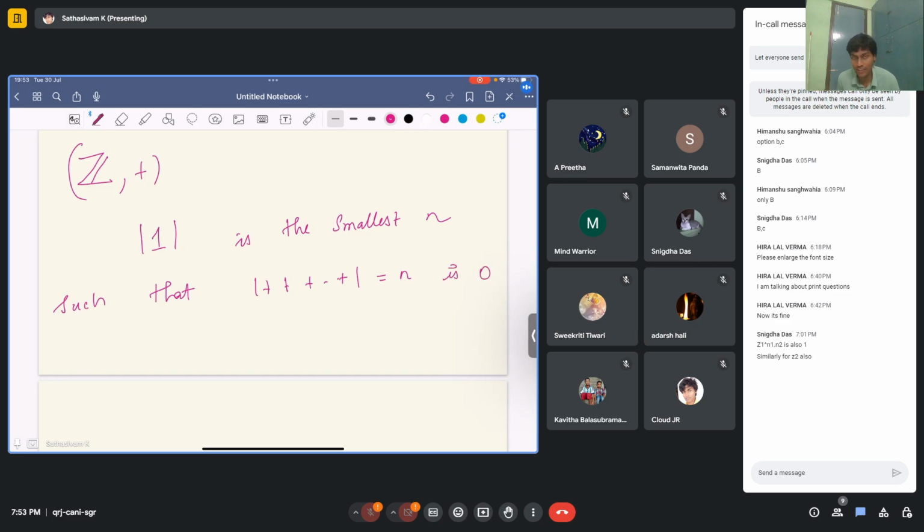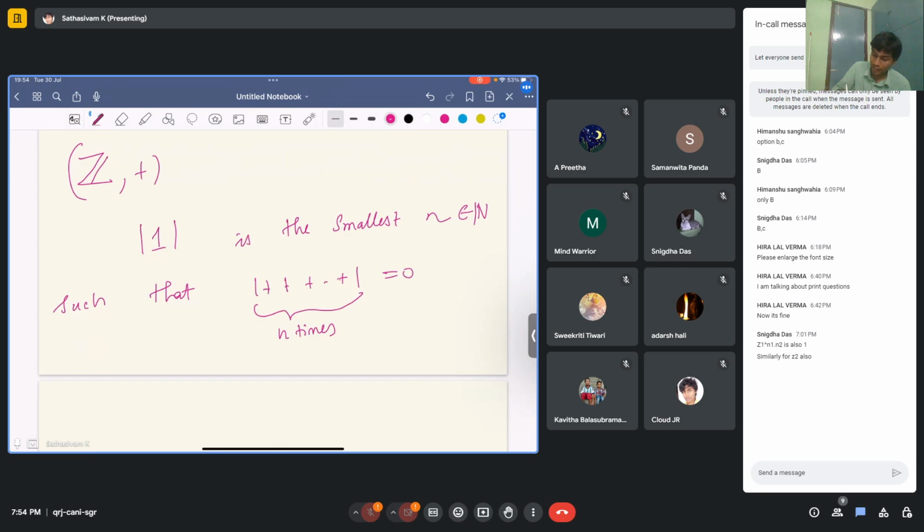Is there such an n? The order of 1 is the smallest n belonging to the natural numbers such that 1 plus 1 plus 1, n times, is 0.